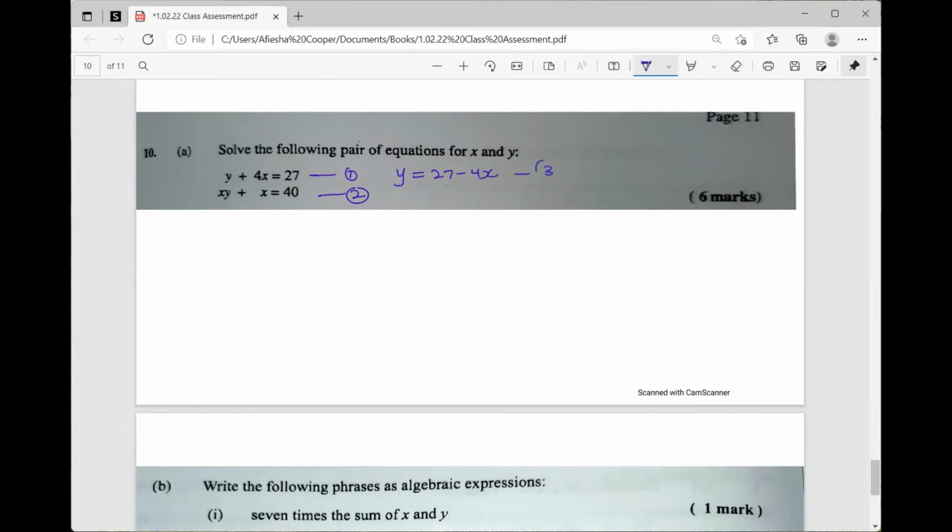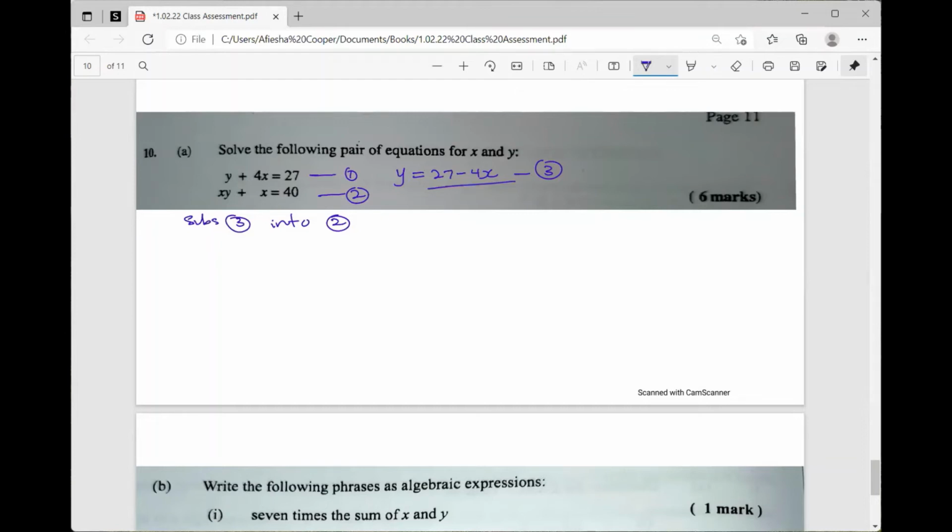We could call this 3. And we could substitute 3 into 2, right? Or we'll substitute it into the other equation. So tell me, what am I writing here? y is equal to this, where if I see y, I replace it and put this.